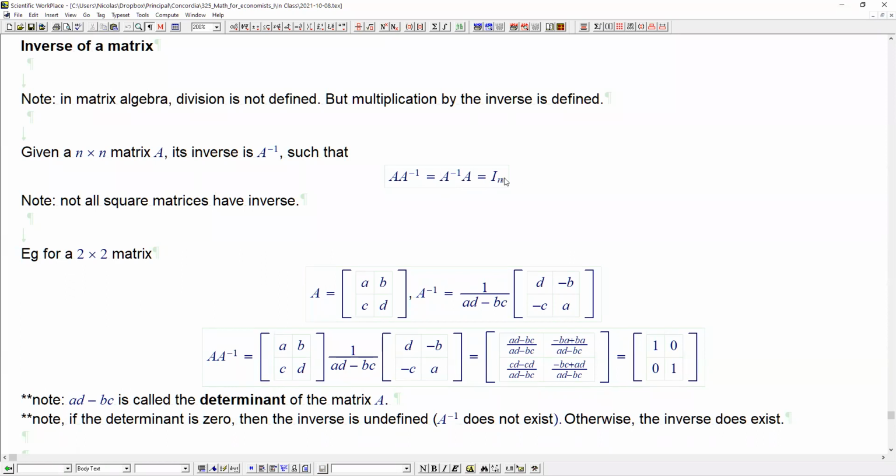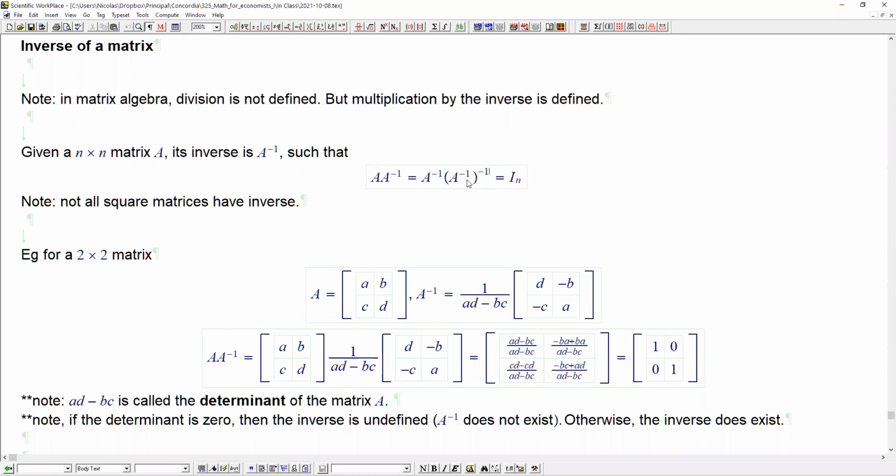So it could have been possible that A times its inverse equals In, but then its inverse times A does not. I don't know. I've done some research, and it's not written in the book. And obviously there's a reason why.